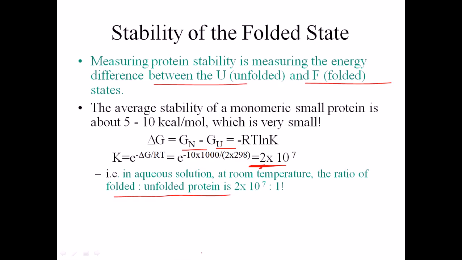You can see the chance of finding the folded protein is 2 into 10⁻⁷, but the chance of finding an unfolded protein in the same situation is only 1. So we are having 2 into 10⁻⁷ folded protein and only 1 unfolded protein in that aqueous system. So that means proteins always want to be in the folded state.